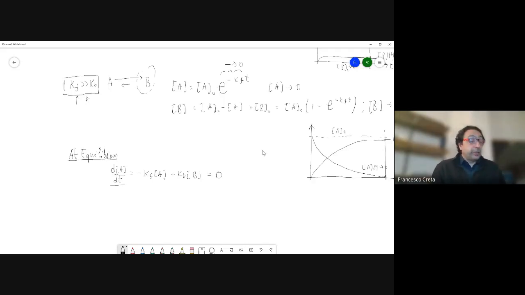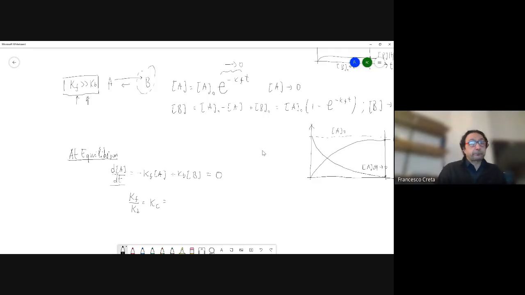As we usually do, and as we did last time, we can relate the ratio of the forward to the backward rate to the equilibrium constant in terms of the molar concentrations.